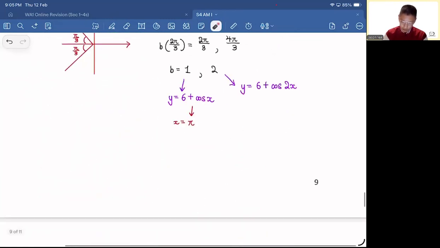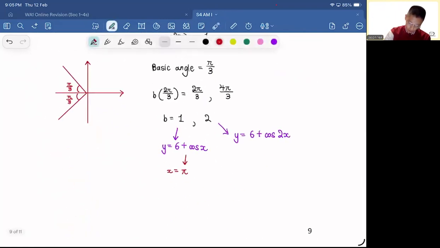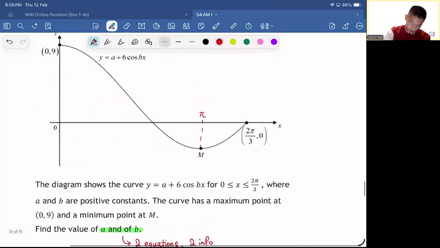As compared to cosine 2x, your minimum point will actually get scaled down to the number here, which then is possible.